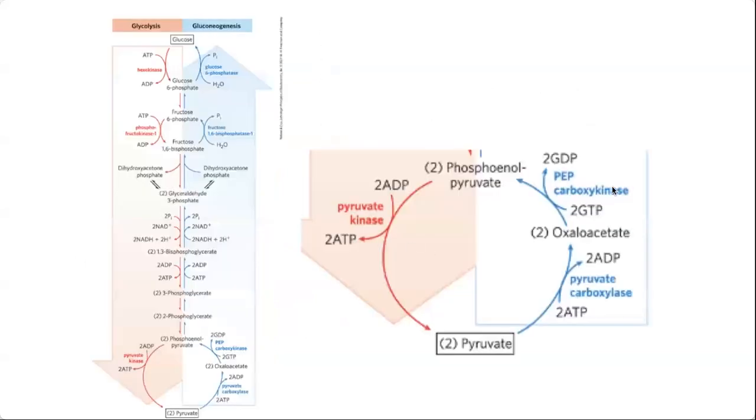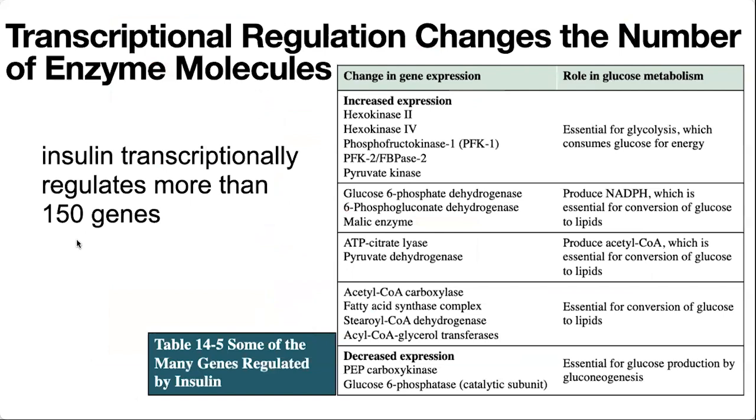To go from oxaloacetate to phosphoenolpyruvate, we need PEP carboxykinase, and it turns out that it's mostly going to be regulated transcriptionally. Insulin didn't just activate that one kinase.